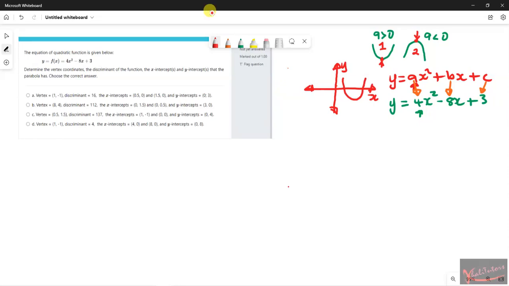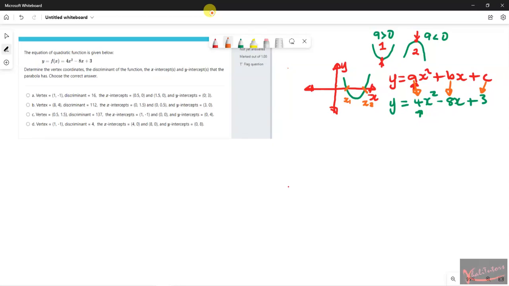If we had a graph like this one, these points here will be the x-intercepts. The value of x here is what they want, that will be your x1, and then the value of x here. So in this case, you have two x-intercepts.